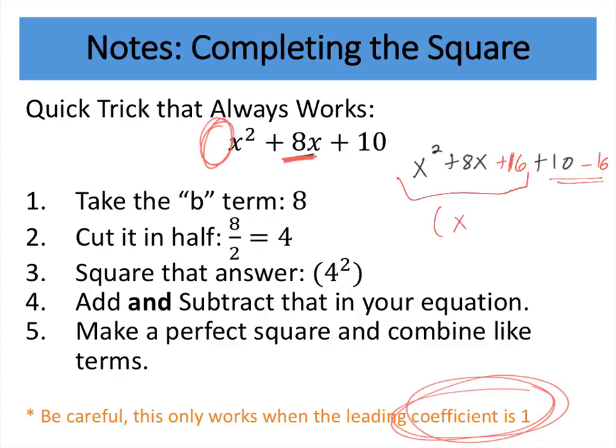So I get my x plus 4 squared, and my leftovers are negative 6. Again, my vertex, if I were going to calculate a vertex, would be negative 4, negative 6. That's the coordinates of the vertex. So we take the middle term, cut it in half, square it, add and subtract that. Only works when the leading coefficient is 1.